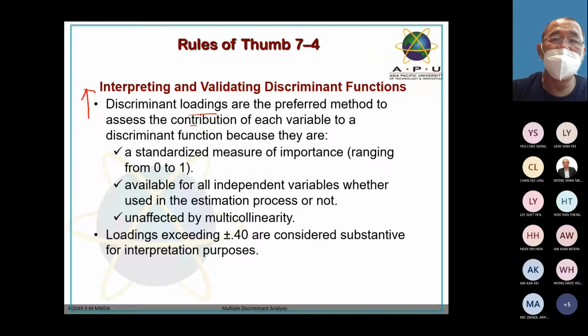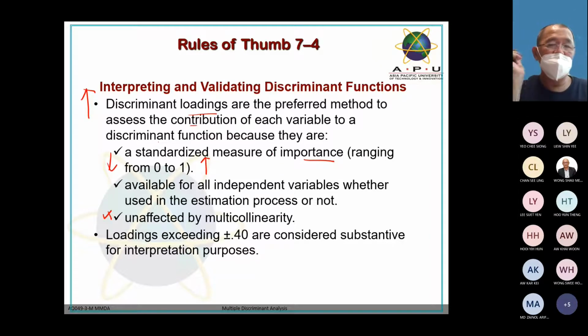It's a standardized measure of the importance, from 0 to 1. 1 means it's important, 0 is least important. It's available for all independent variables, whether used or not in the estimation process, so unaffected by the multicollinearity. This is the advantage.